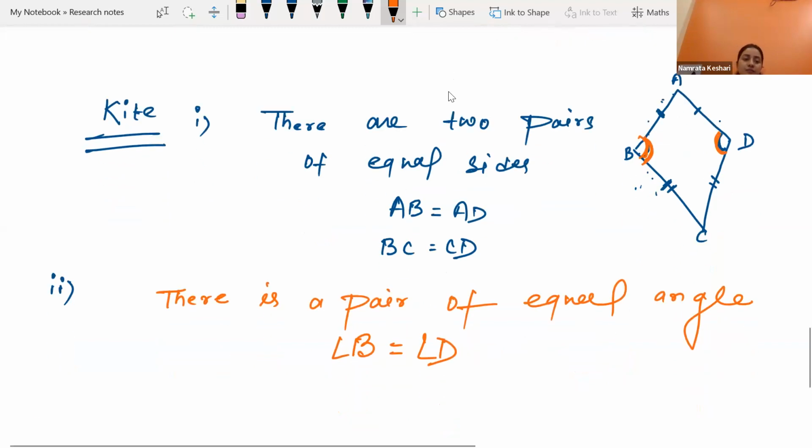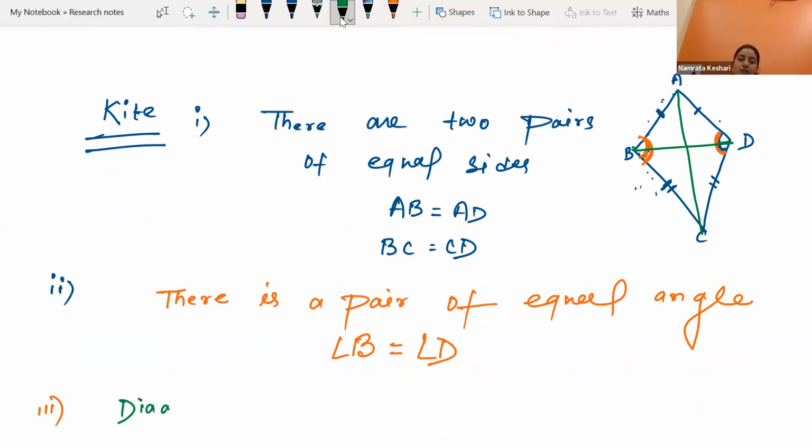Now the diagonals must be perpendicular to each other. When you draw the diagonals, they must be perpendicular to each other. Diagonals must be perpendicular to each other.